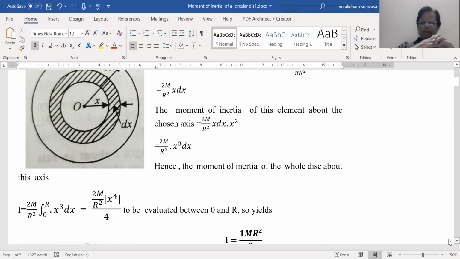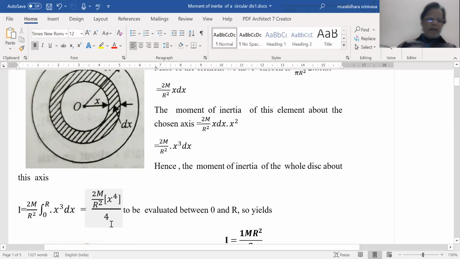Therefore for the whole disk, what about its moment of inertia? It is simply the integral of this expression, 2m by r squared into x cubed dx, between the limits 0 and capital R. Therefore I is equal to 2m by r squared integral 0 to r of x cubed dx, which is 2m by r squared into x to the power of 4 by 4.